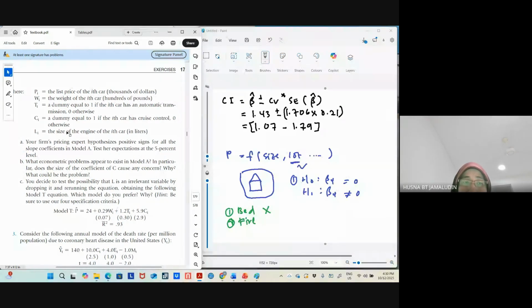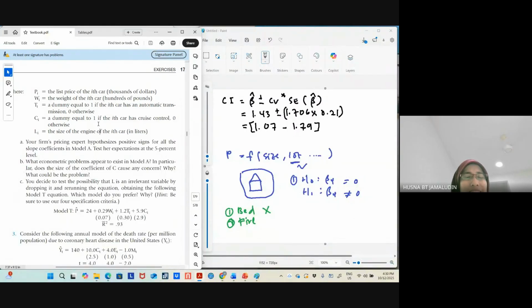Remember, you also have to figure out what will be the omitted variable. Other than these variables, what will affect the price of your car? The brand of the car. The brand, could be, of course.